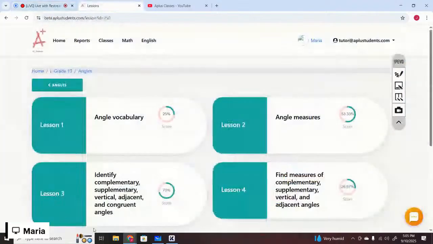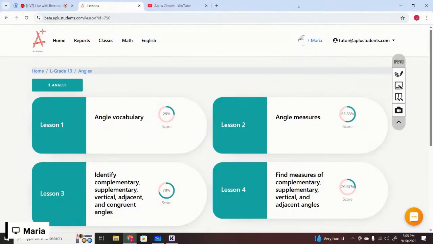Then you have to select math from the subject tab. Scroll down to grade 10 math and then click on view all lessons. There you can find a list of the chapters.